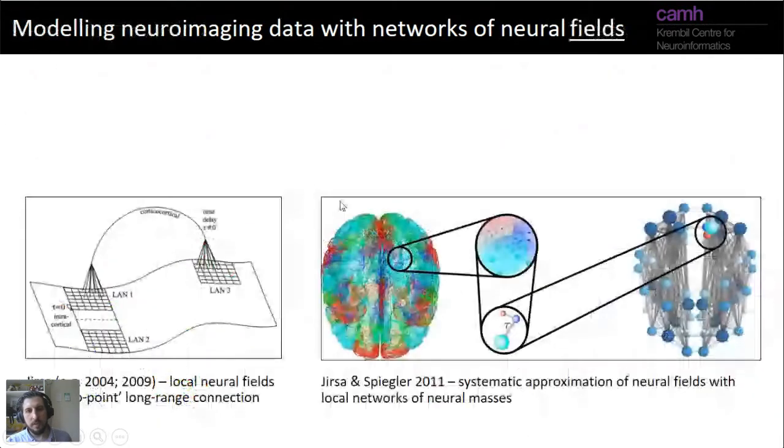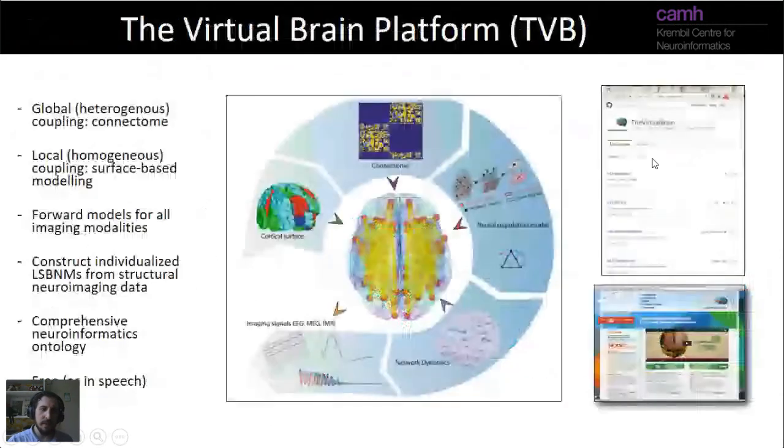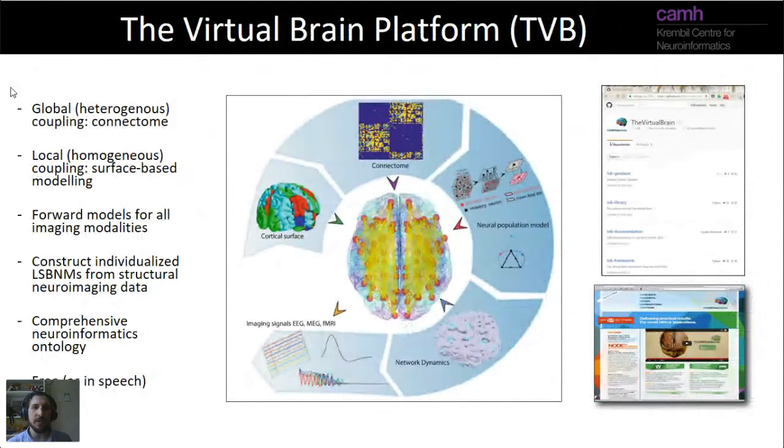I'll skip this, but there are also connectome-based neural field models, which have a more explicit encoding of space at the level of individual nodes rather than point processes. And a tool that we'll be using later on, that I'm a little bit involved in developing, and that's pushing forward the software infrastructure for this type of modeling, is the Virtual Brain platform, which is a pretty nice toolkit. Again, we'll look at it a little bit later today.